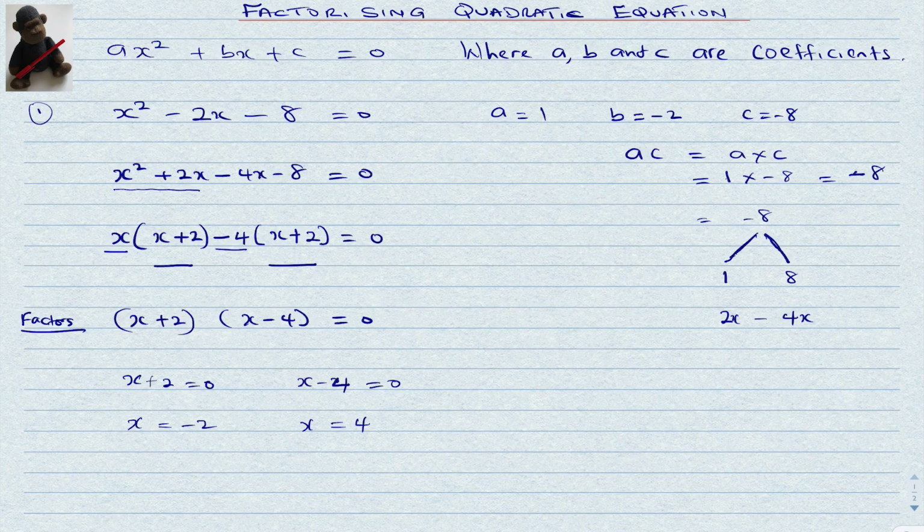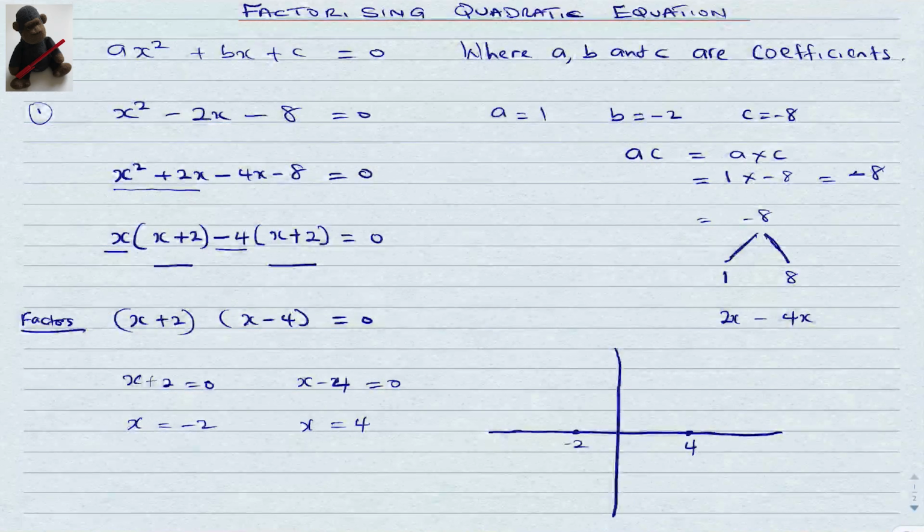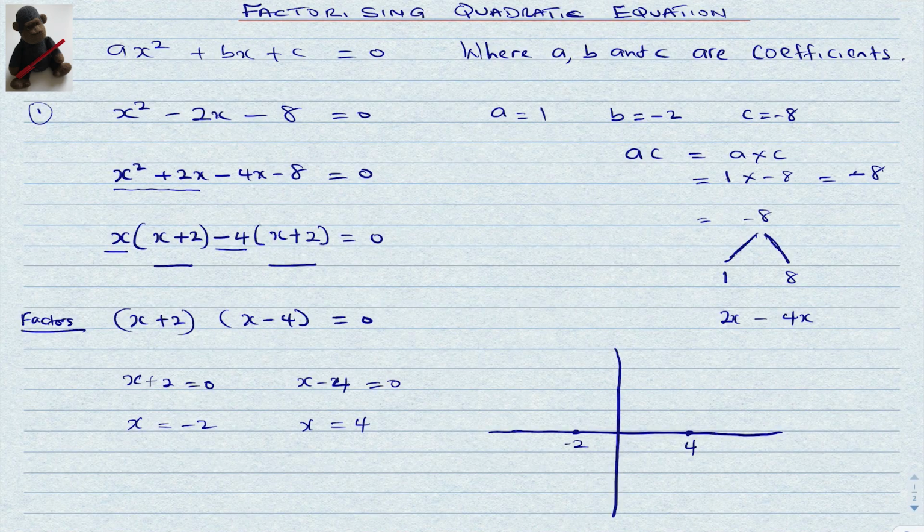Just in case we have to sketch this curve, what we need to do is basically write our roots. So minus 2 and 4. That's what that meant when you work out your roots. So this is our roots. And then the intercept on the y-axis is minus 8. That is c. C is the intercept on the y-axis. So you look for minus 8.